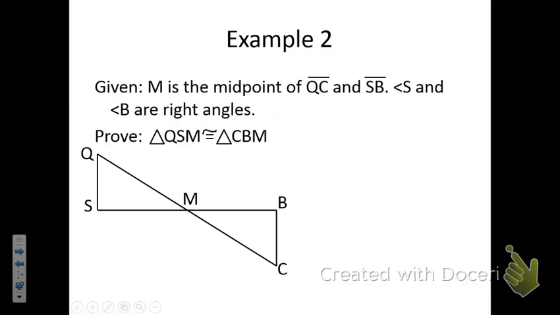In example 2, it's wanting us to write a proof, okay? So it's giving me some information, and it wants me to prove these 2 triangles are congruent. So I'm going to start by filling in my columns. You've got statements, and you've got reasons. And what always goes first?